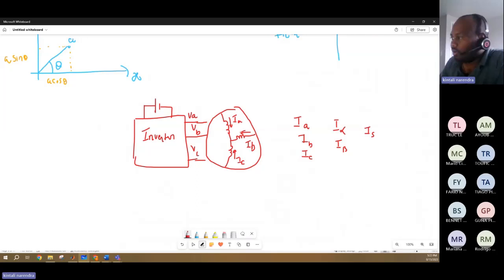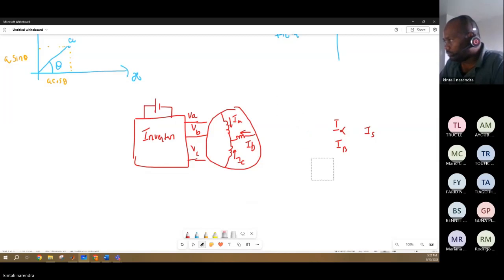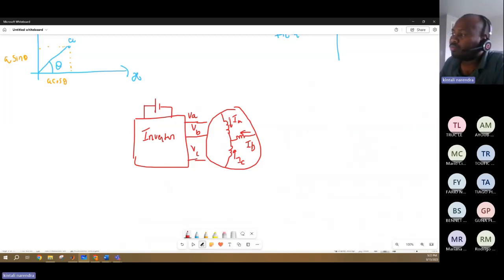Now, when I say resultant magnetic field, imagine there are three currents going through three different coils. The three currents are out of phase. They are not in the same phase. One is like this, another one is 120 degrees, another one is 240 degrees.